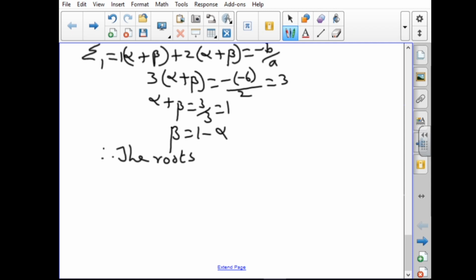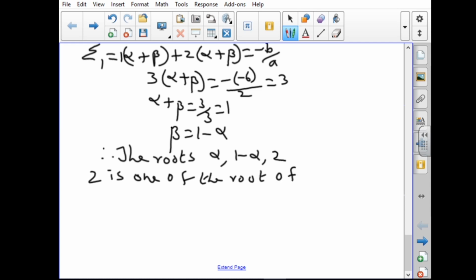Therefore, what are the roots? Alpha is one of the roots. Then beta, which is 1 minus alpha. And what is 2 into alpha plus beta? Alpha plus beta is equal to 1, so 2 into alpha plus beta will be 2. So the roots are alpha, 1 minus alpha and 2. Now 2 is one of the roots of the given equation.